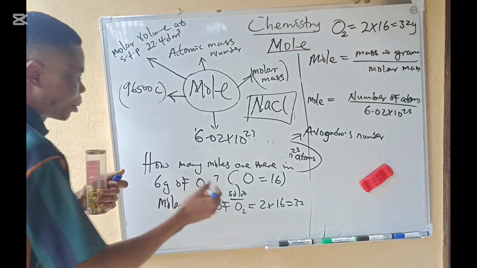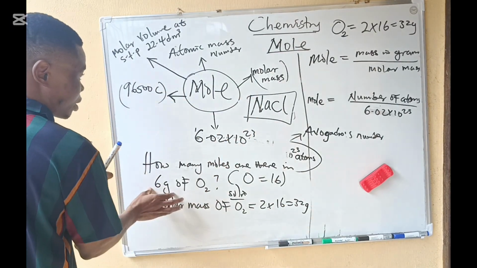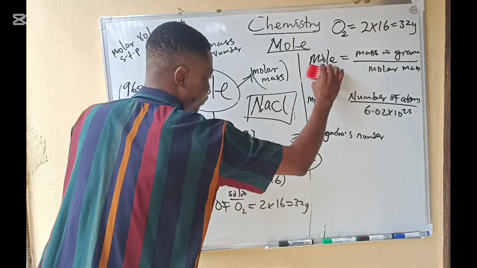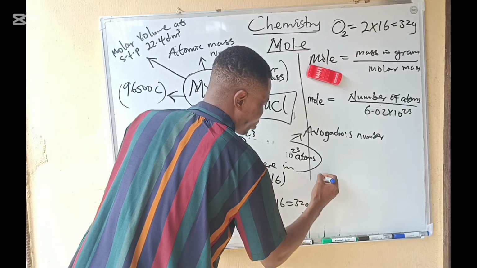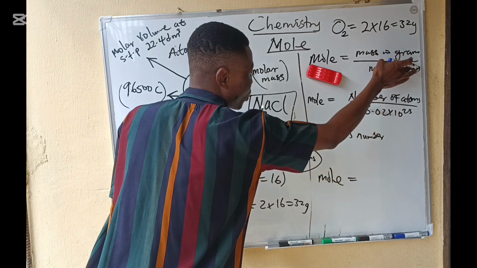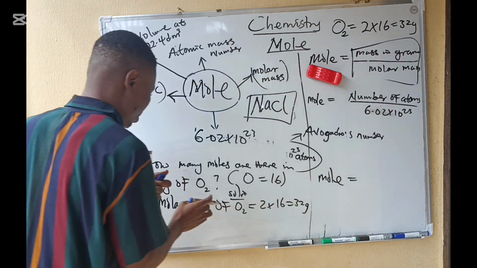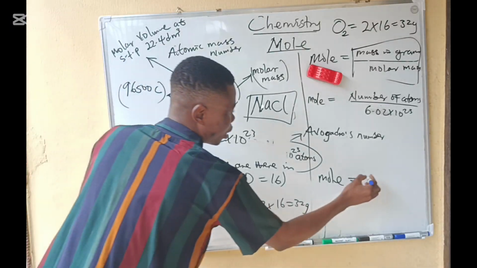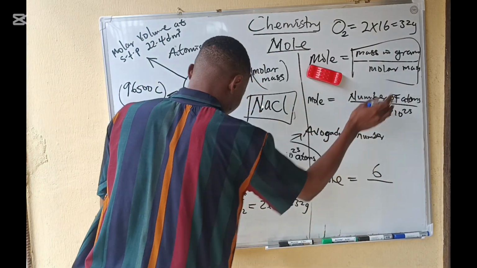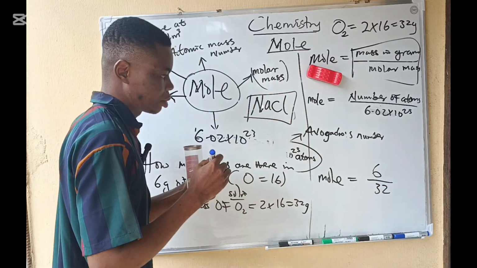So if you want to use the formula method, the mass in grams given is 6 grams. Your mole equals mass in grams divided by molar mass. That will be 6 divided by 32. What will be the answer?